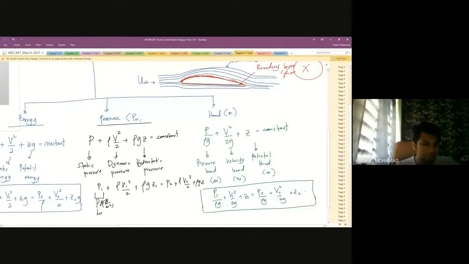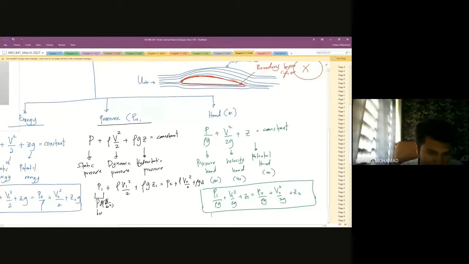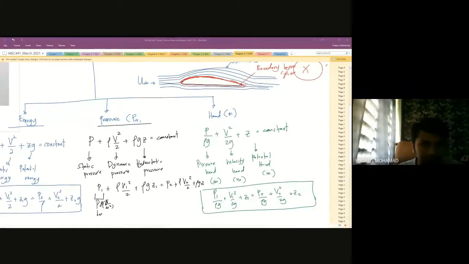Okay, so this is how to use Bernoulli equation in terms of head, in terms of pressure, and then in terms of energy. Okay, so pressure head, kalau you perasan kita beli, sekejap saya cari specification for pump. Kalau untuk mechanical device, for example pump, so there will be specification.